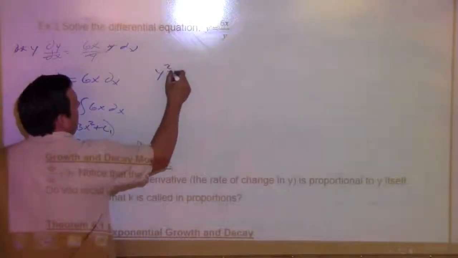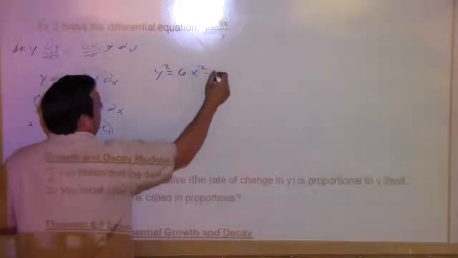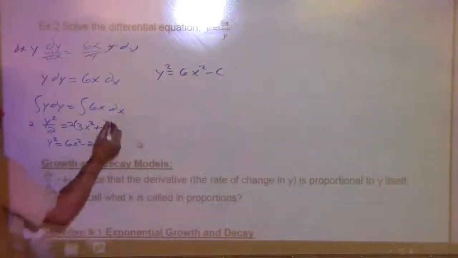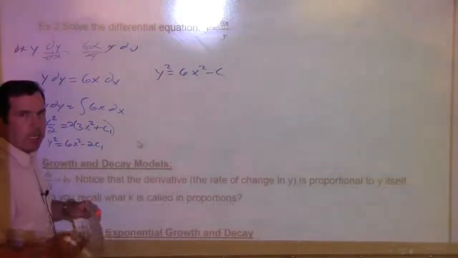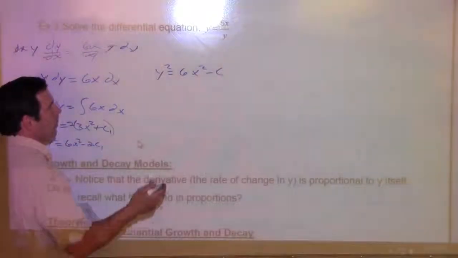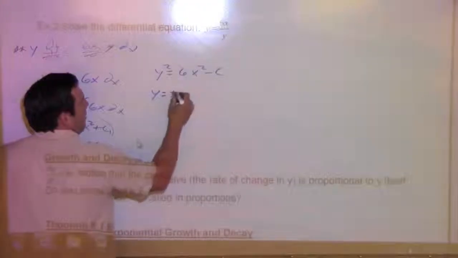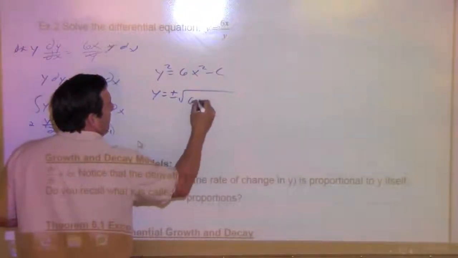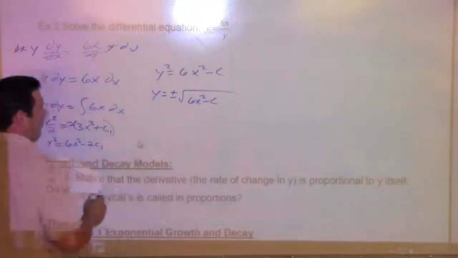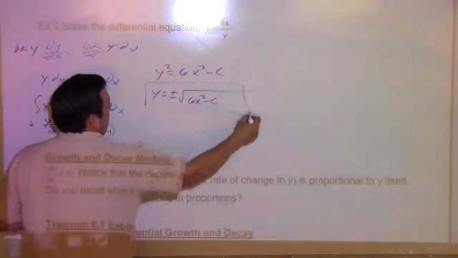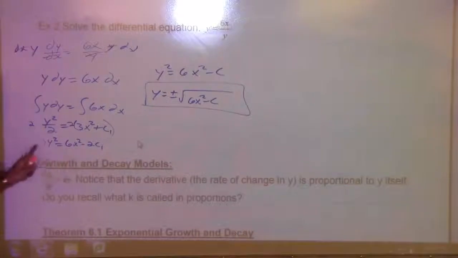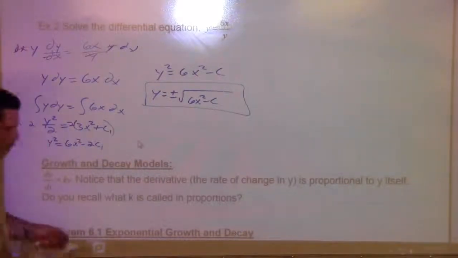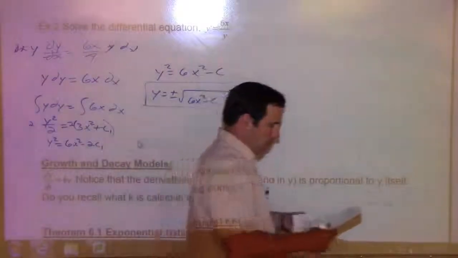So y squared equals 6x squared plus c, some other unnamed constant. And we get the actual constant after we plug in initial conditions if we had them. So y would be equal to plus or minus the square root of 6x squared plus c. If we would have brought this over, we could have had ourselves a hyperbola.